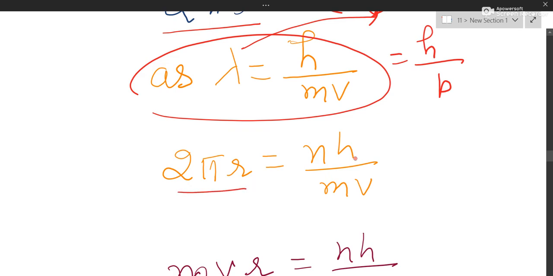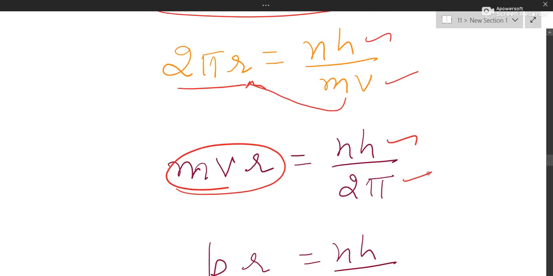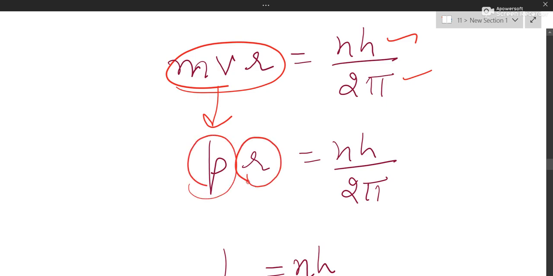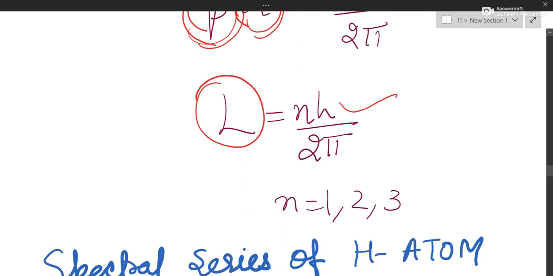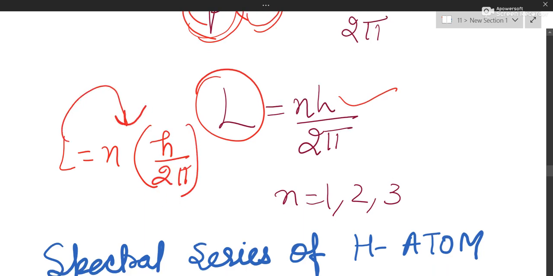So 2 pi r is equal to nh by mv. Now mv we will bring to this side and 2 pi we will bring down. So mvr is equal to nh by 2 pi. And mv is momentum. Momentum into radius becomes equal to your angular momentum. So angular momentum is obtained as this. This means angular momentum is an integral multiple of h by 2 pi. It means angular momentum is quantized.